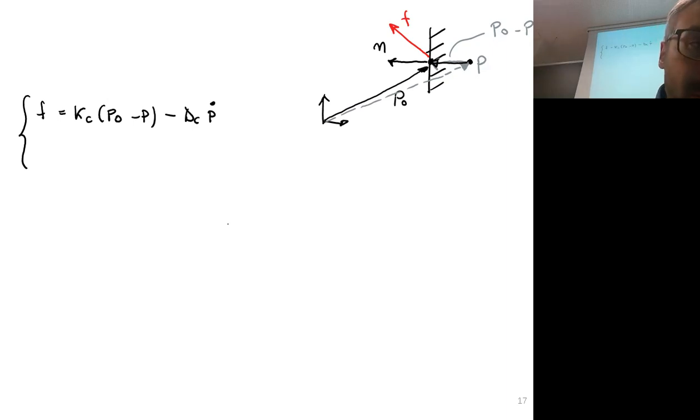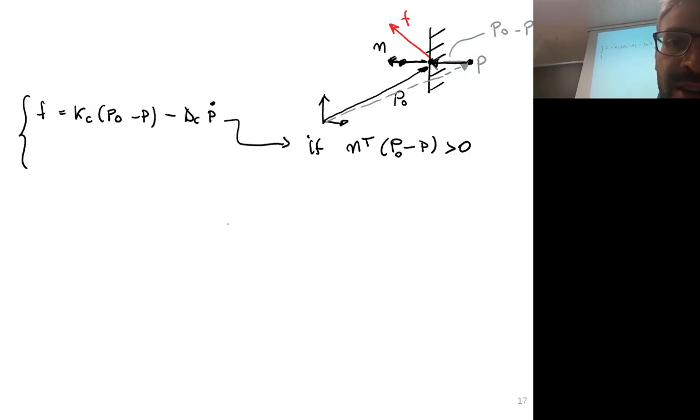And this is happening if n transpose, where n is the normal to the contact. So we project this vector along n, and if this is positive, then it means that this is on this side.